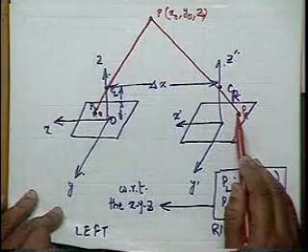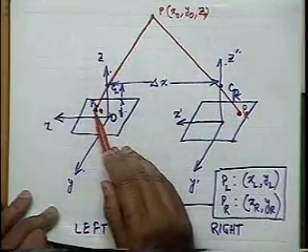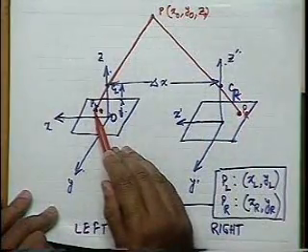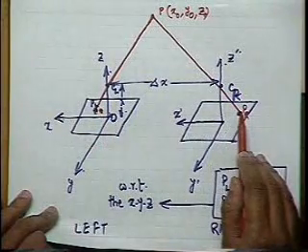So in order to determine the unknown depth, we have to find out the corresponding image points PL and PR. That is the first task for us: for a given point PL on the left image, what is the corresponding point PR on the right image.